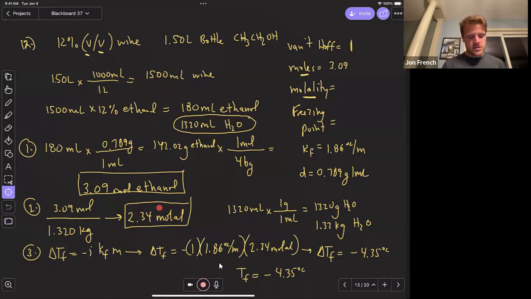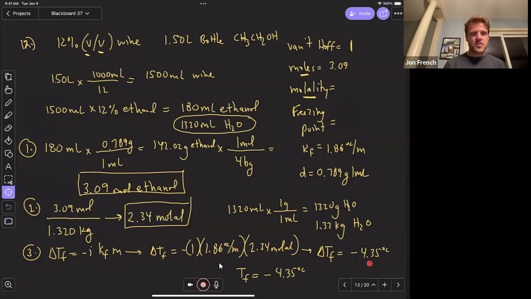And then our fourth question, what would the freezing point be? Change in freezing point equals our van 't Hoff factor times freezing point constant times molality. Van 't Hoff factor is 1, freezing point constant is 1.86 degrees Celsius per molal, because again, it's an aqueous solution. That's the freezing point constant for water, times our molality.